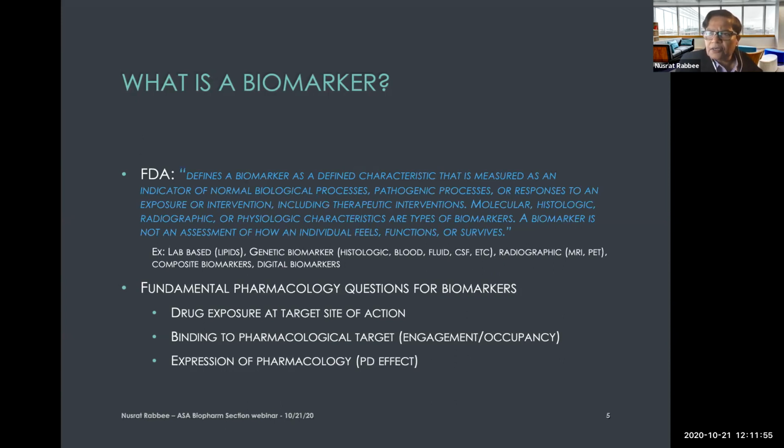Some of the newer modalities include, as I mentioned, radiographic, like PET and MRI images, or it could be captured by a single numeric measure, like overall plaque burden in Alzheimer's disease. It's derived from the PET image. So that's a radiographic biomarker. Composite biomarkers are a combination of biomarkers, and also there's this new modality called digital biomarkers. Digital biomarkers is not something I will talk too much about today, but it's becoming more and more prevalent.